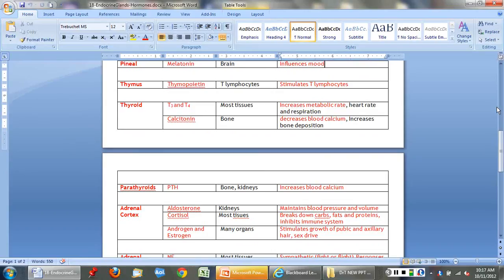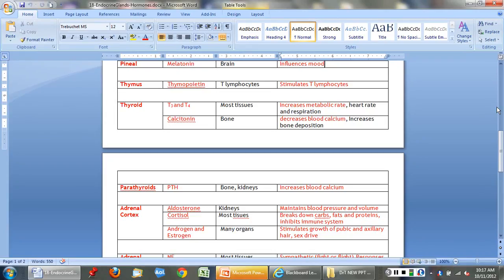Just like insulin and glucagon regulate blood glucose levels, calcitonin and PTH regulate blood calcium levels. So blood calcium levels have to be maintained as well. If they drop too low, they can be fatal. So we don't think about all the things that we have circulating in our blood that have to be at a certain level.